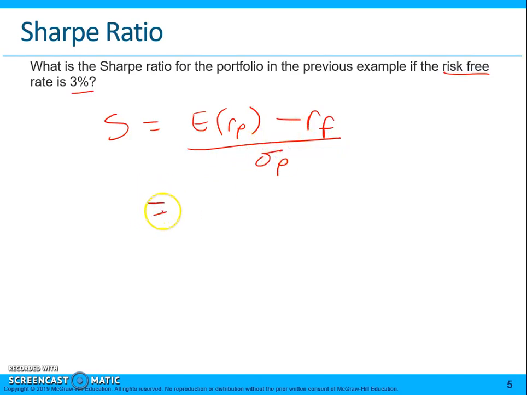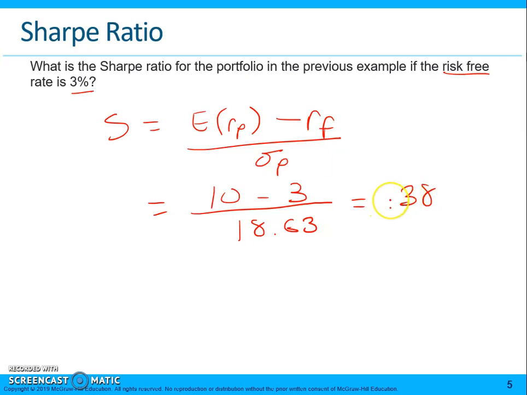So we've got 10 minus 3, the expected return minus the risk-free rate, divided by the portfolio standard deviation, 18.63, and we get 0.38.